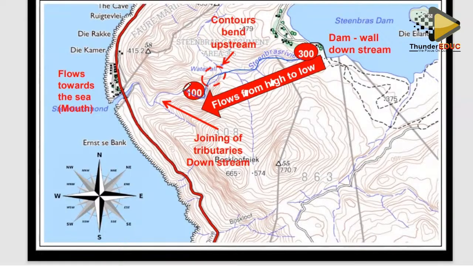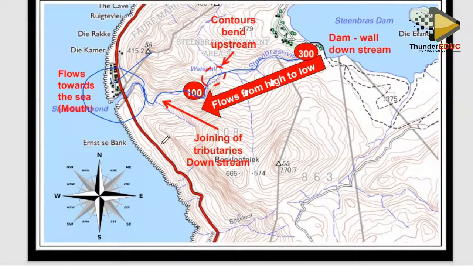The justifications there indicate to us where the river is going. One justification which is clear, the sea is here. The river cannot flow from the sea getting inland, but rather it's flowing from inland getting to the sea. There is one justification which is clear there.